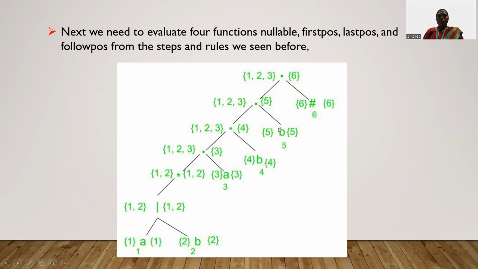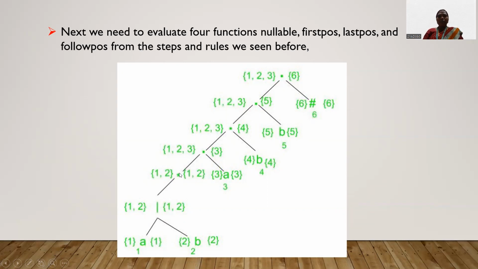The lastpos of all the leaf nodes having operands is the node itself. Now for the OR operator, you can go for either a or b, so firstpos and lastpos can be 1 or 2. And for the Kleene closure, the firstpos and lastpos will just carry over from its child. When you come to this dot, its left child is the Kleene closure.